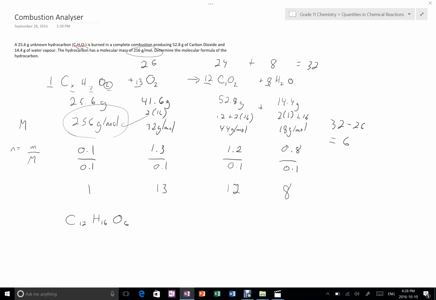And then convert to moles to make sure that I'm comparing actual number of molecules or particles instead of comparing mass. Find a whole number ratio, and then use that whole number ratio as the coefficients of the equation to work backwards to figure out how many carbon, hydrogen, and oxygen atoms must have been put into this reaction from the unknown hydrocarbon. So that's how you do a combustion analyzer question.